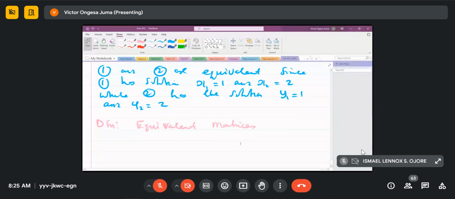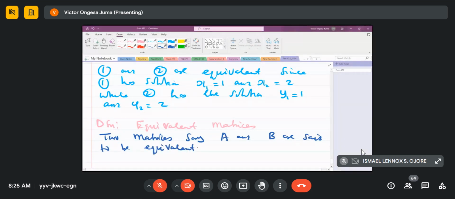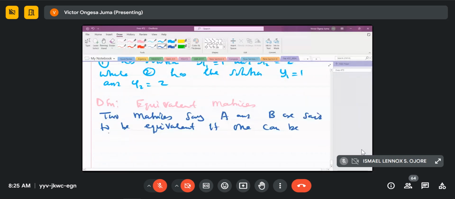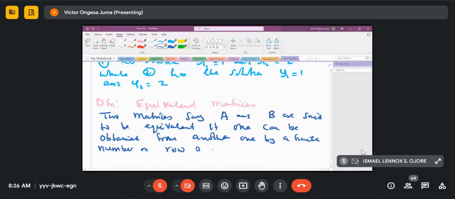We say that two matrices, say A and B, are said to be equivalent if one can be obtained from another one by a finite number of row operations.